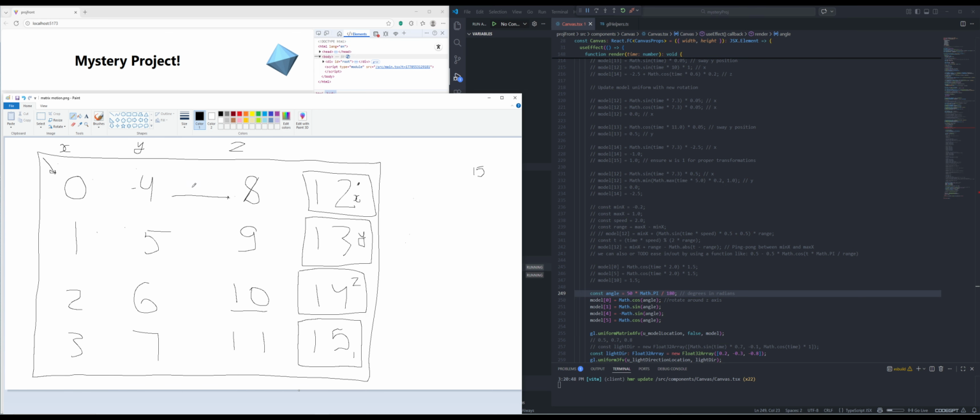So that will rotate like so. Or it will rotate like so. Oh my gosh, that's bad. No, I don't like it.